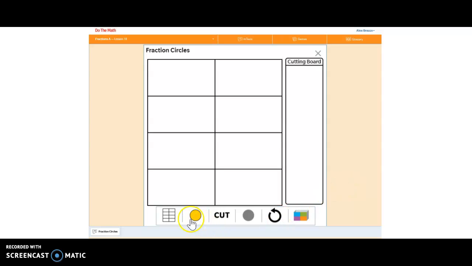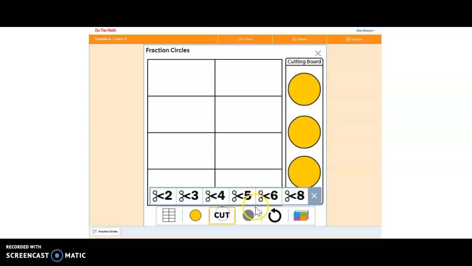3 cookies. So I'm going to put a cookie here. That's 1 cookie, 2 cookies, 3 cookies, okay? So because there's 8 people, what am I going to do? I will cut each cookie into 8 pieces.